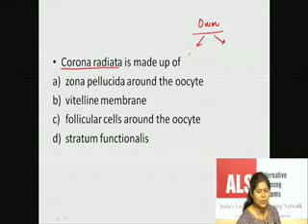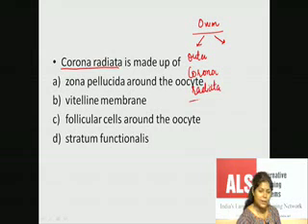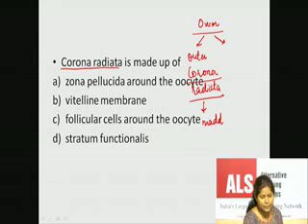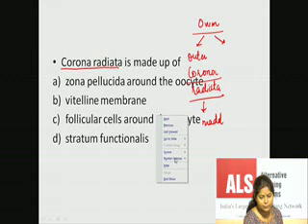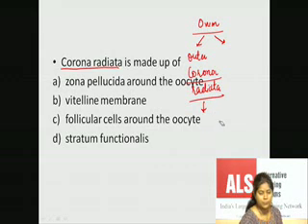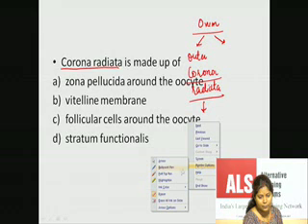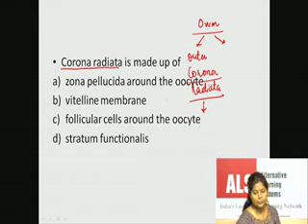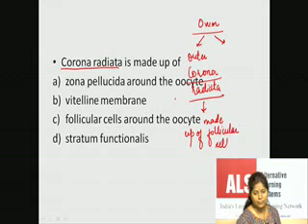The outermost layer is the corona radiata, and this corona radiata cell layer is made up of follicular cells.